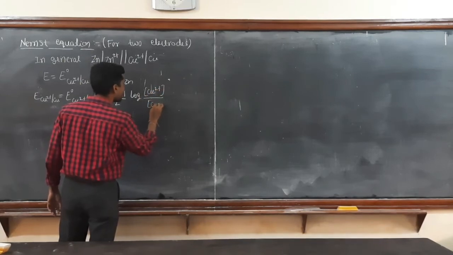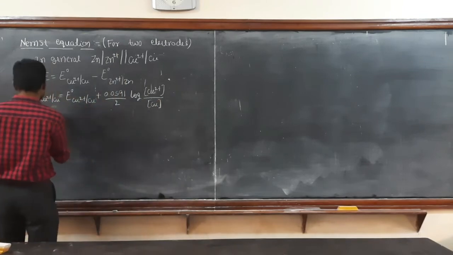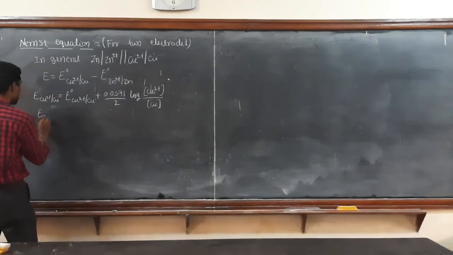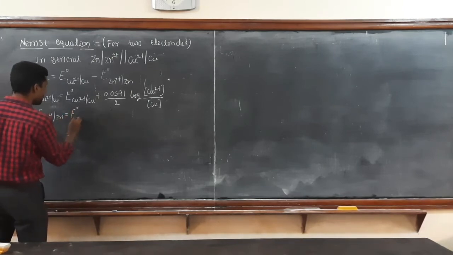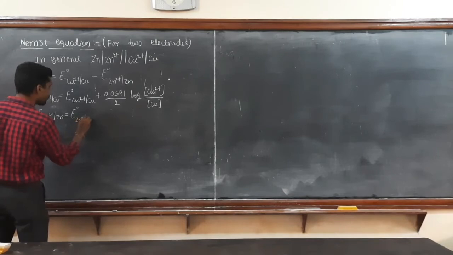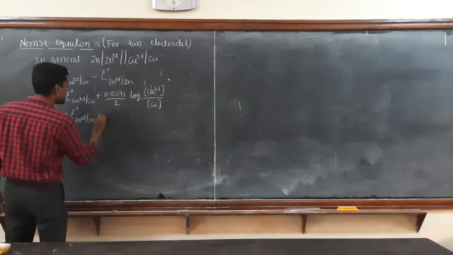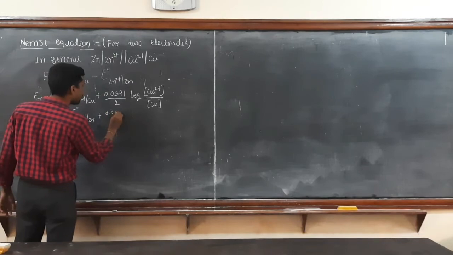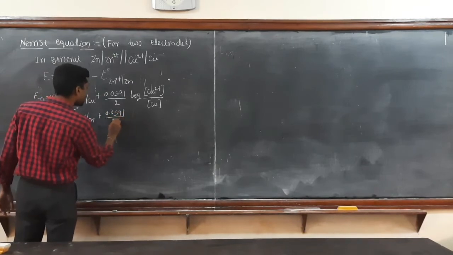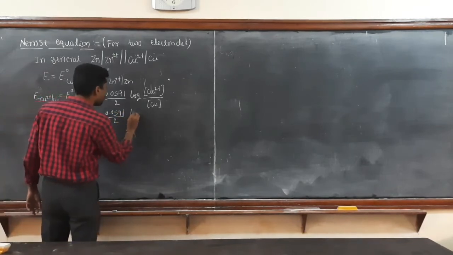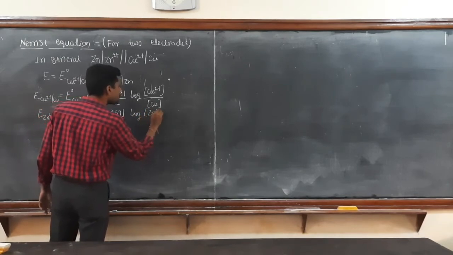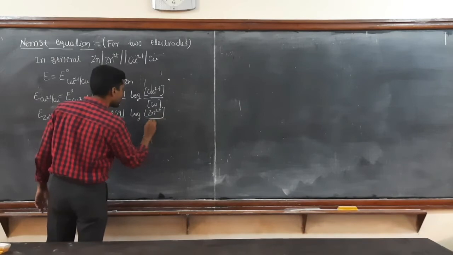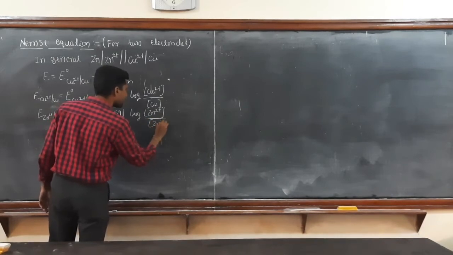Similarly for zinc, it can be written with the same factor: E naught of Zn2+/Zn plus 0.0591 divided by 2 log of the concentration of Zn2+ over the concentration of Zn.